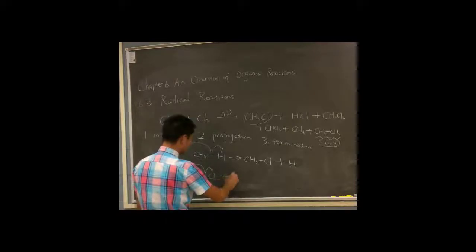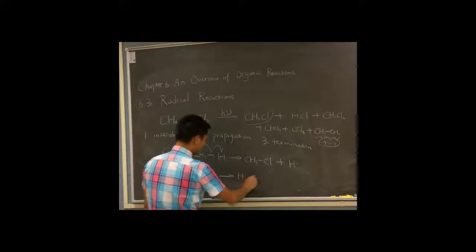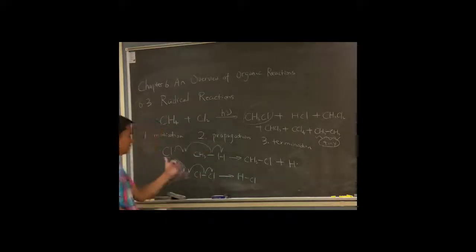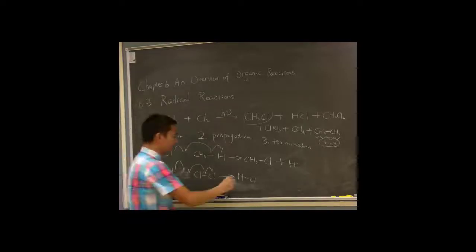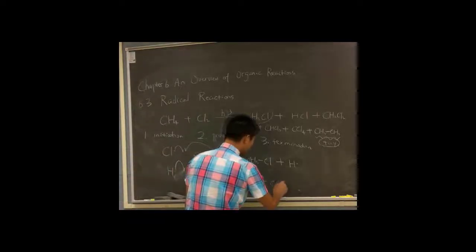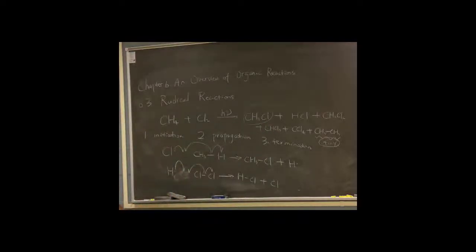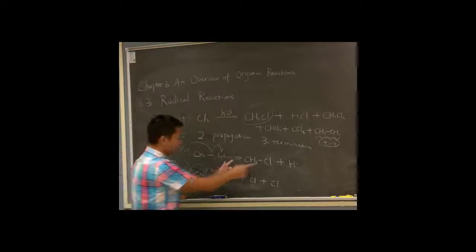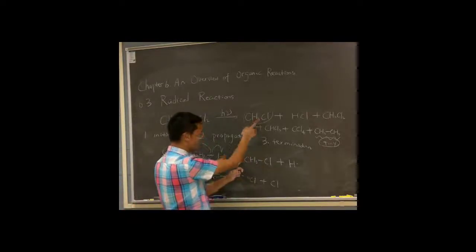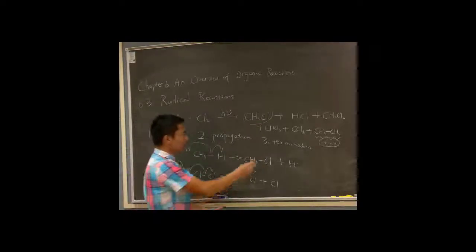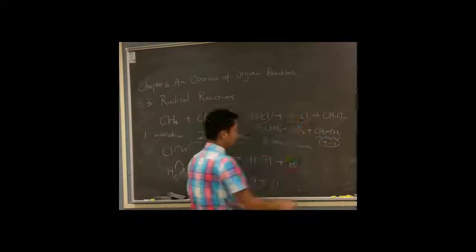So what we will obtain is a bond between the H and Cl. We're going to form hydrogen chloride, and then we will generate the chlorine radical. Okay? So in this process, CH3Cl, methyl chloride, is one of our products. If you think about HCl, that's our second major product.